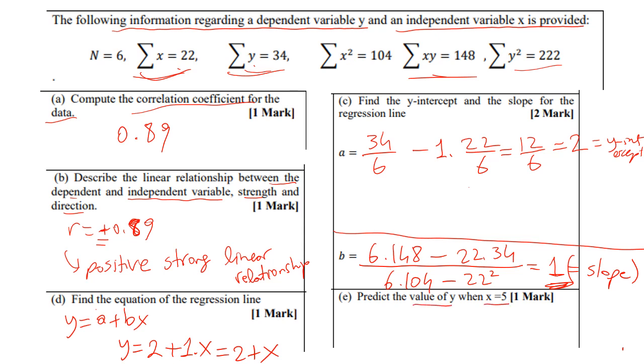You can use this regression line equation to predict it. So it will be y is equal to 2 plus 5, because x here is 5, so you have to put 5 here, so it will be 7. So y should be equal to 7. I mean, the predicted value of y.